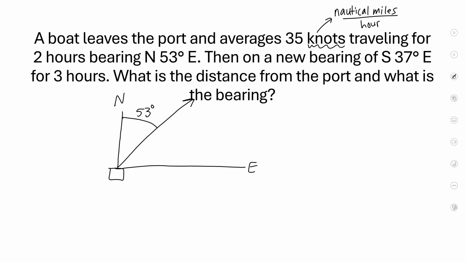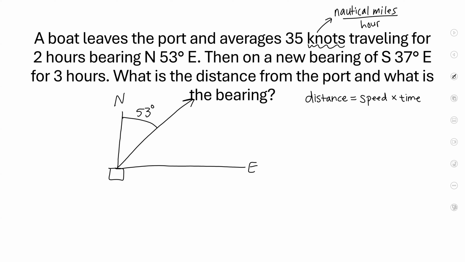So if I want to figure out what this distance is, does anyone remember the formula for distance? What is it? There we go. Speed times time. So they told me the speed. I'm going 35 knots. That's nautical miles per hour.